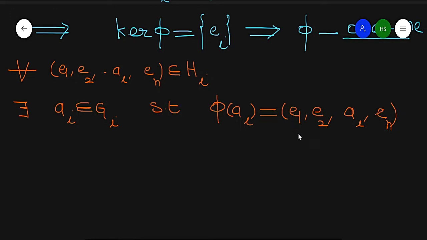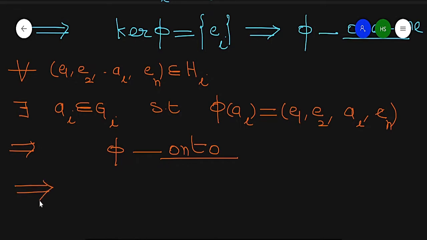So this value has a pre-image. If this value has a pre-image, then phi is an onto mapping. So phi is a homomorphism, 1-1 as well as onto.